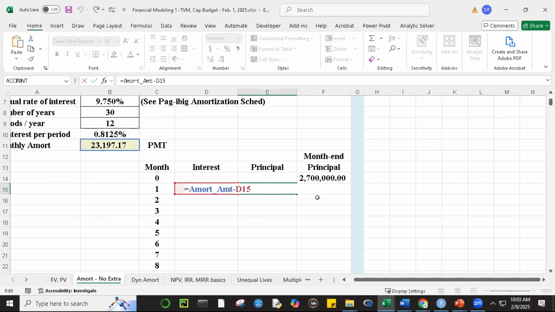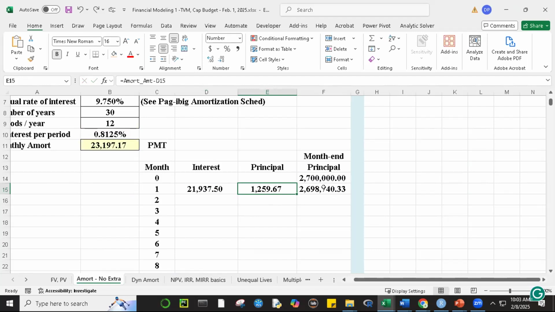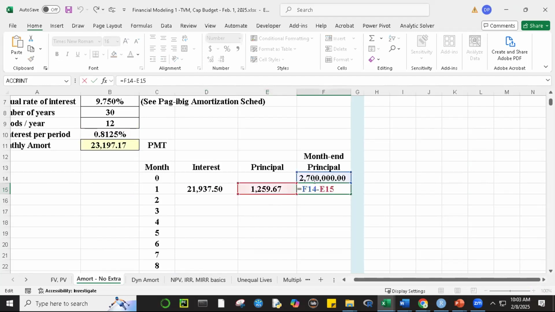Same thing for the principal, which will always be how much is the monthly amortization minus whatever was paid to the interest. And also for the month-end principal, which is just the previous monthly balance minus the principal payment. So these formulas are the same as the next ones.